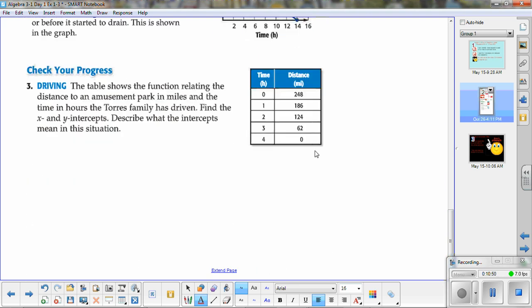One more for you to try on your own. It says the table shows the function relating the distance to an amusement park in miles and the time in hours the Torres family has driven. Find the x and y intercepts. Describe what the intercepts mean in this situation. Well, the x-intercept is when y is 0.